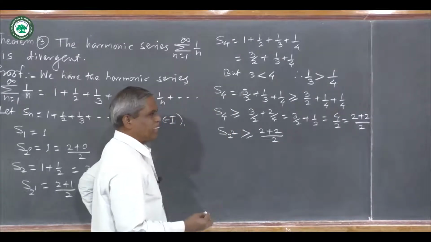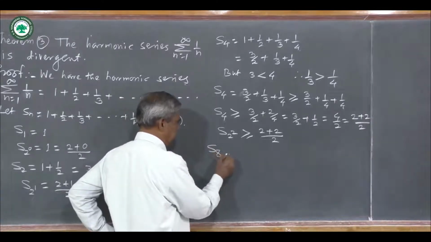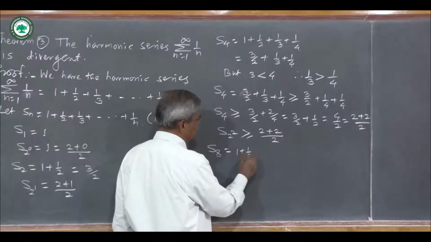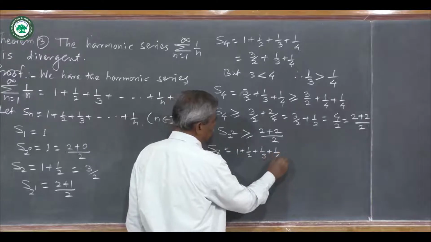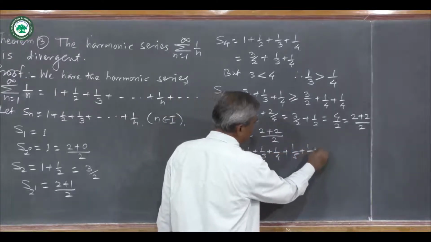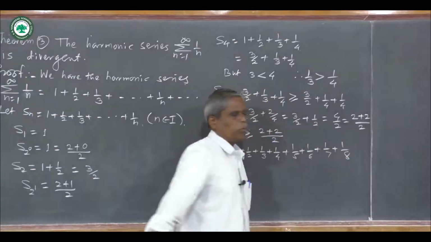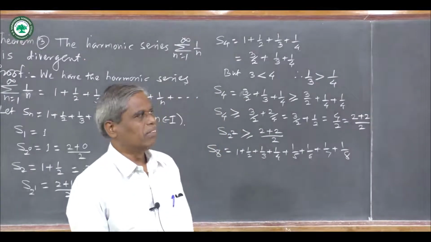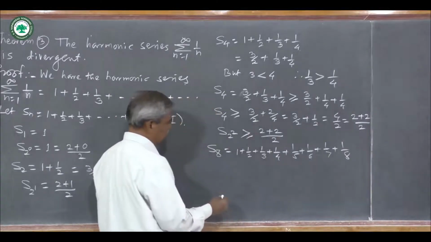Similarly, we write S suffix 8. S suffix 8 is equal to 1 plus 1 by 2 plus 1 by 3 plus 1 by 4 plus 1 by 5 plus 1 by 6 plus 1 by 7 plus 1 by 8, the sum of the first 8 terms of the given series sigma 1 upon n.